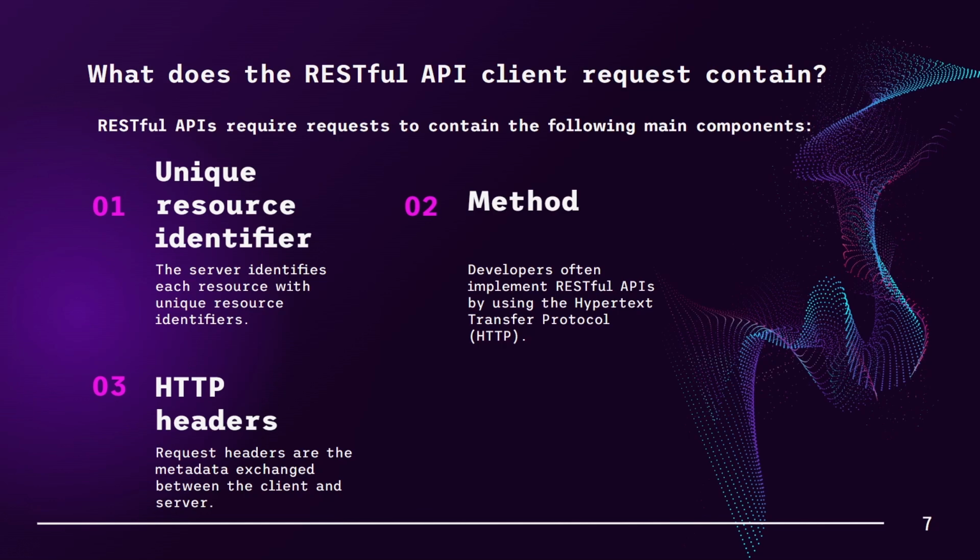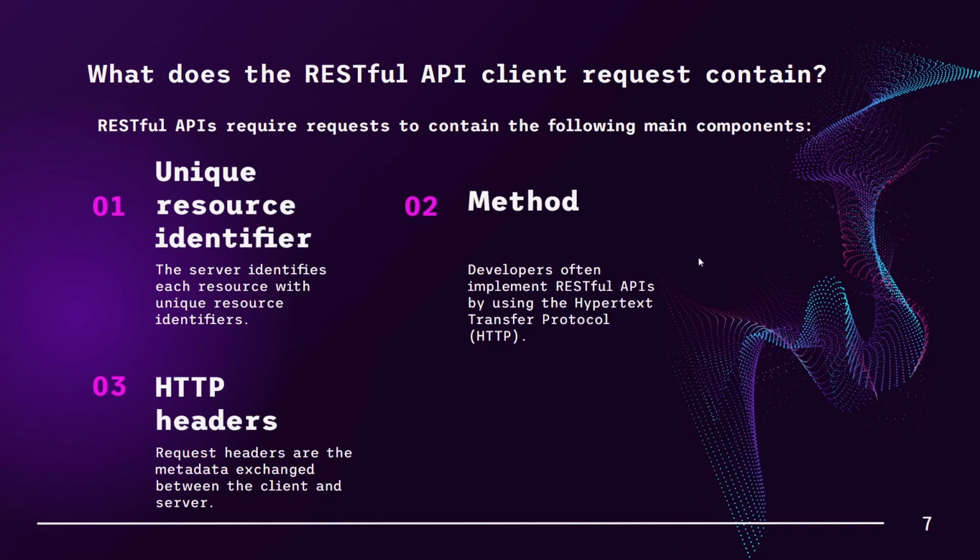First, the unique resource identifier, where the server identifies each resource with unique resource identifiers. Then there is the method. Developers often implement RESTful APIs by using the hypertext transfer protocol. And then the HTTP headers, where request headers are the metadata exchanged between the client and the server.